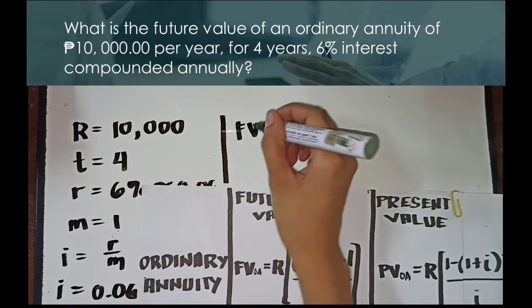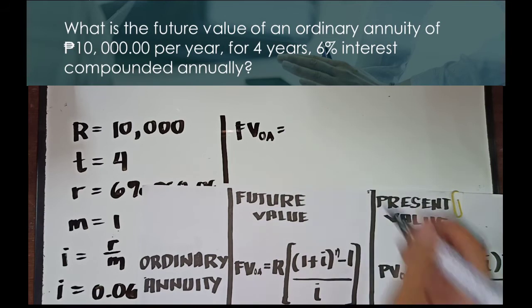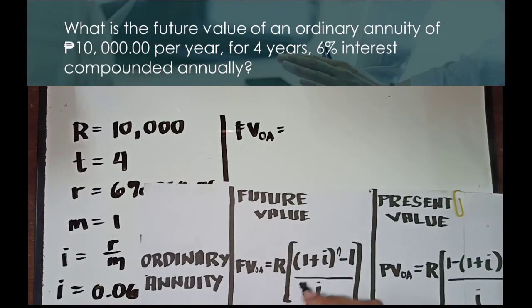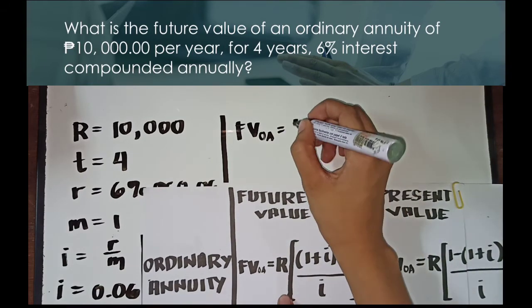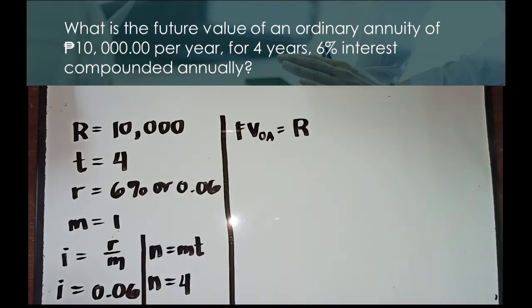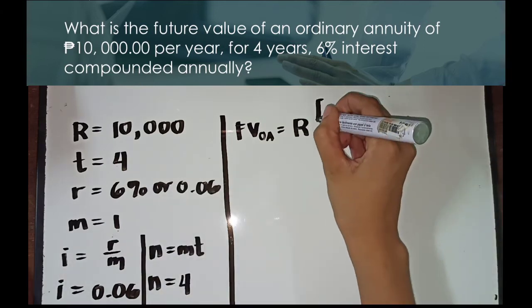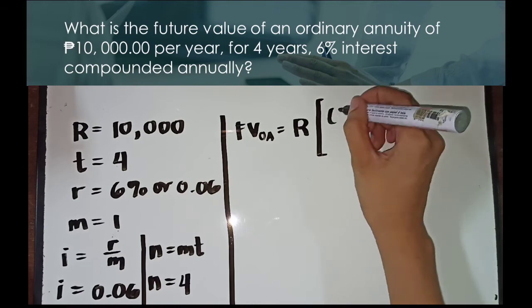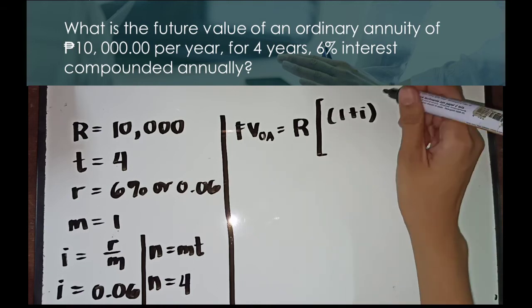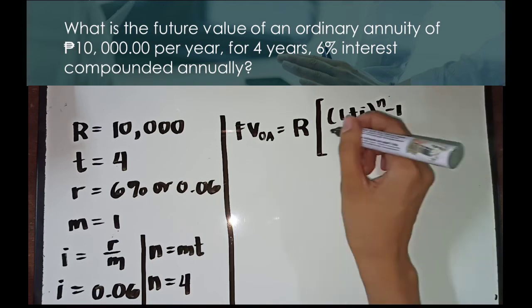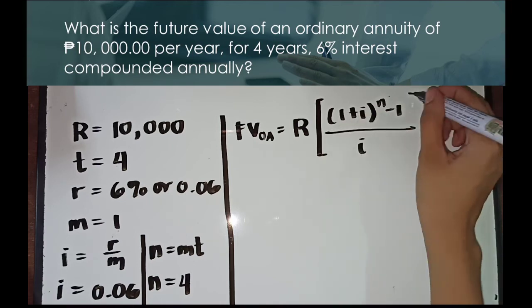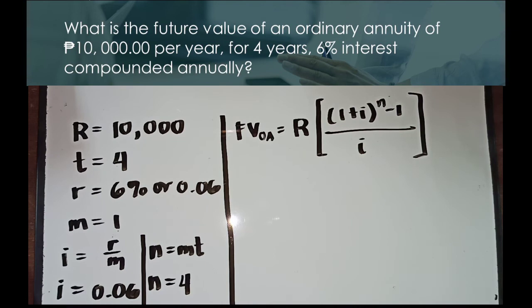So future value of an ordinary annuity is equal to capital letter R multiplied by 1 plus I raised to n minus 1 over I. Okay, so FV sub OA is equal to R multiplied by the quantity 1 plus I raised to n minus 1 over I. Again, just substitute all the given.